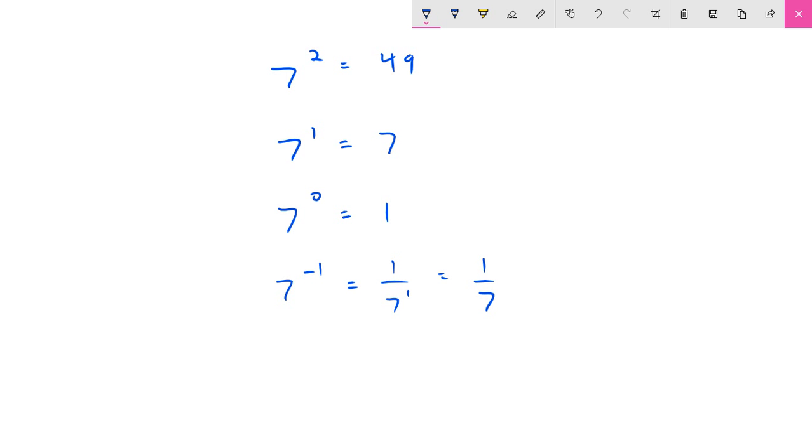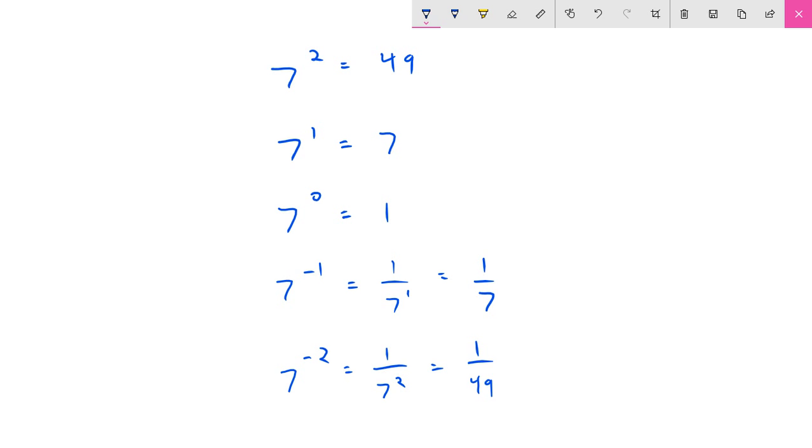So seeing that, what do you think that 7 to the negative second power is equal to? Not quite. So what did you say, Aiden? 2 over 49? No, but that's very close. Right, it's going to be 1 over 7 squared, which is equal to 1 over 49. So, yeah, the negative, you just move it onto the bottom of the fraction.